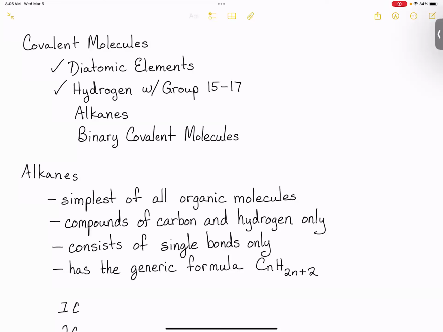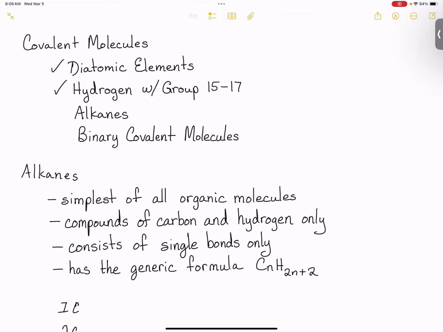So yesterday, we started a discussion of covalent molecules. Covalent molecules have a covalent bond. The covalent bond arises through the sharing of electrons between two atomic nuclei. You can recognize that you're working with a covalent molecule because the elements within the compound will either be nonmetals or metalloids.